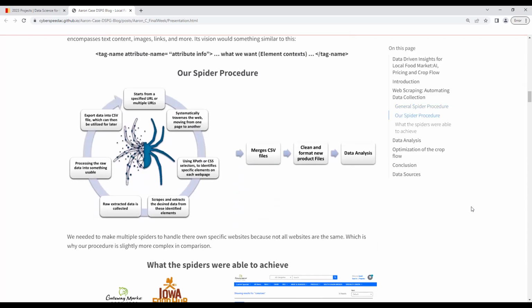For our spiders, we follow this procedure in comparison to the general one because we do a bit more and we want accurate information. We start off with the URL, then travel through the website and use the pathing, like the CSS and XPath selectors. Then we scrape the data, extract it and collect it.